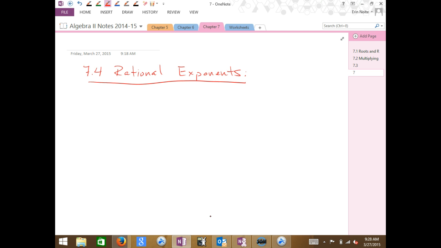What we're going to do is start by taking our radical form and understanding how to convert it to exponential form. I'm just going to give you a generic definition here. Let's say we have the nth root of a to the x. This is our radical form, which we're used to.